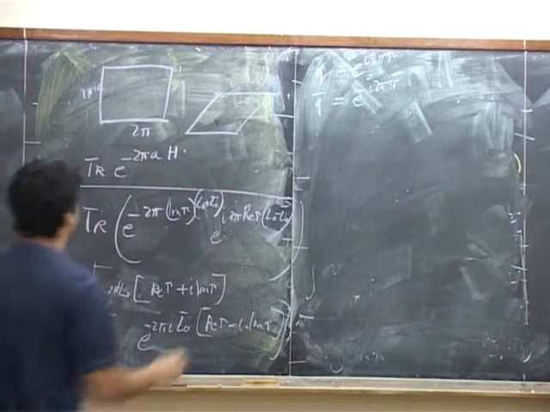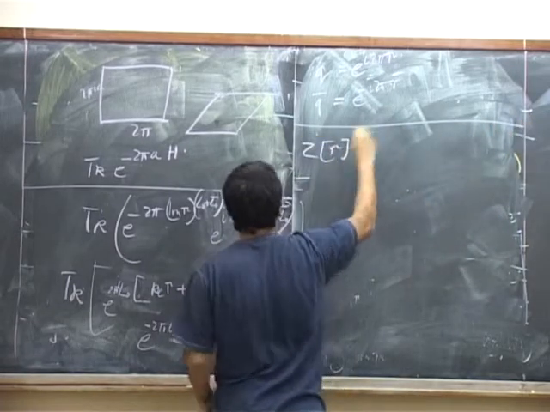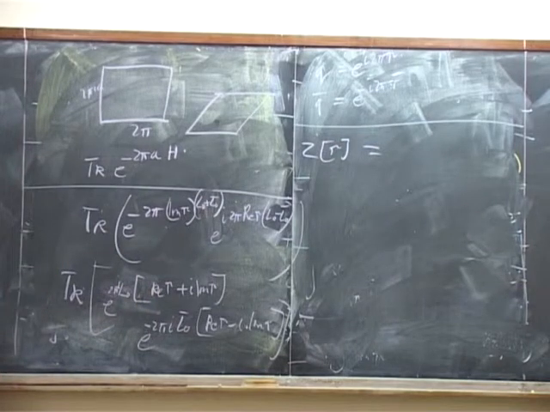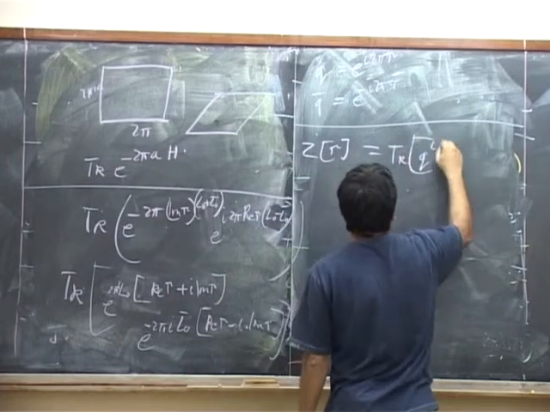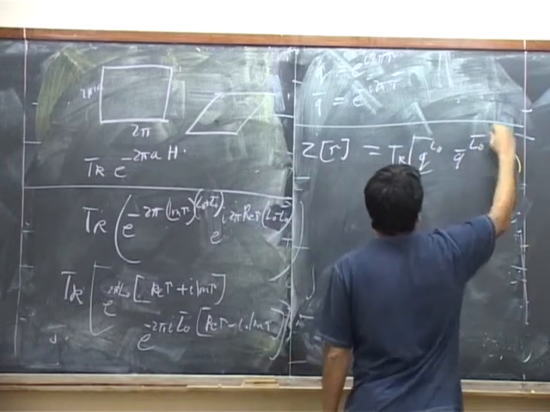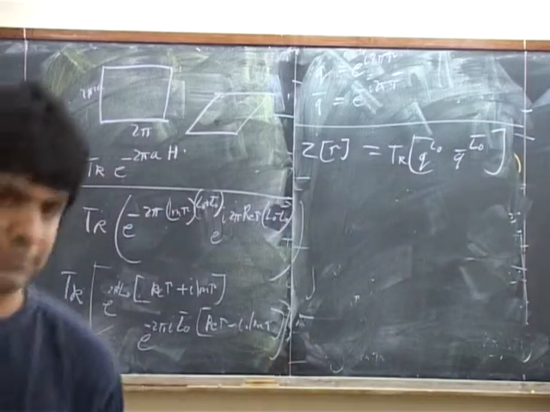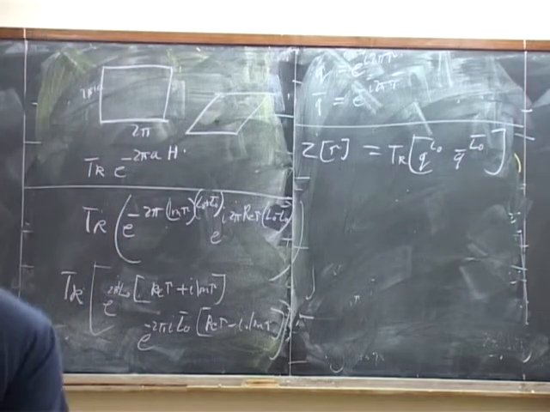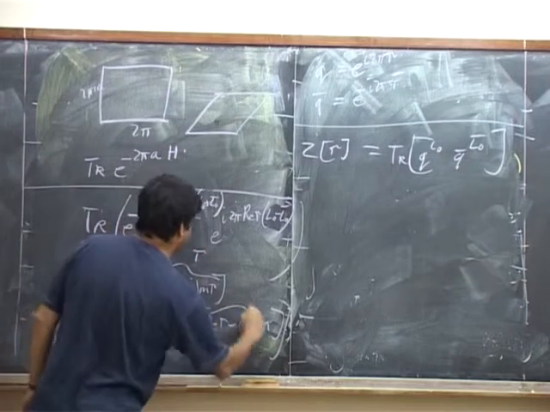Then what we found is that Z of tau, the partition function on a torus whose modulus is tau, is the same thing as the trace of q to the L0, q bar to the L0 bar. But I've used that this thing is simply tau and this thing is simply tau bar.